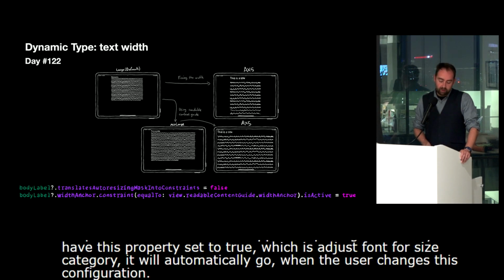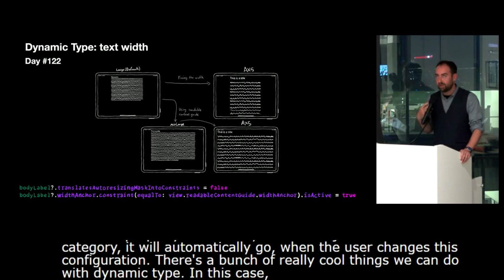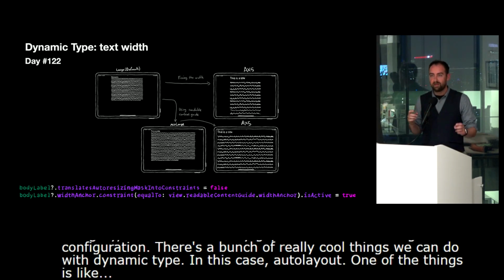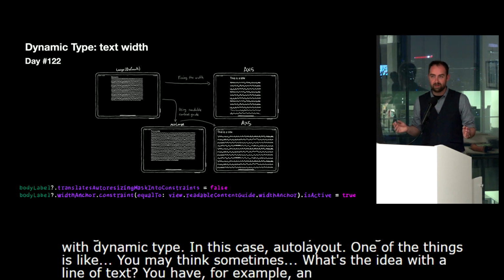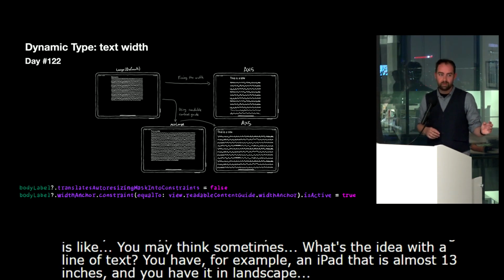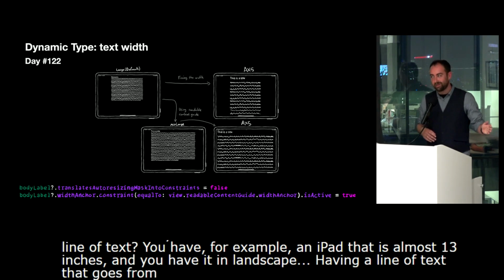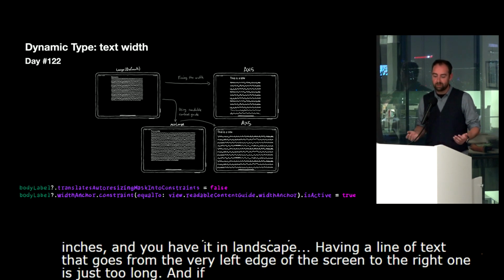There's a bunch of really cool things you can do with dynamic type, and in this case, auto layout. One of the things is, you may sometimes think, what's the ideal width for a line of text? If you have, for example, an iPad that is almost 13 inches and you have it in landscape, having a line of text that goes from the very left edge of the screen to the right one is just too long. And if you have multiple lines, it gets very difficult to read.